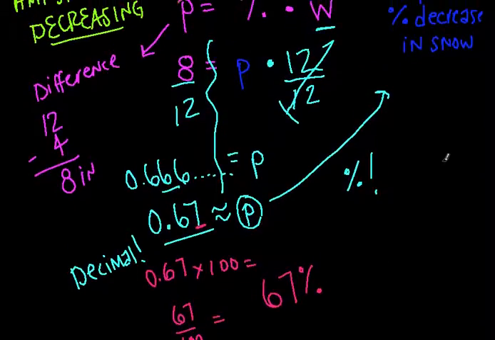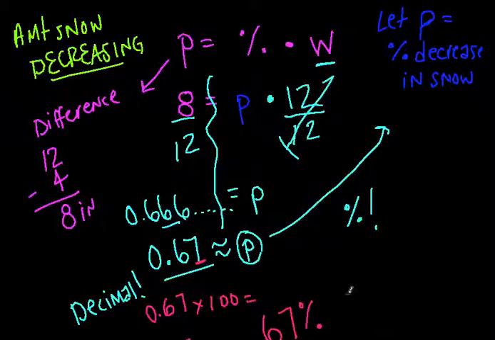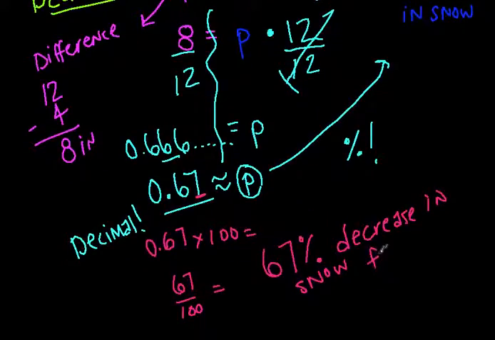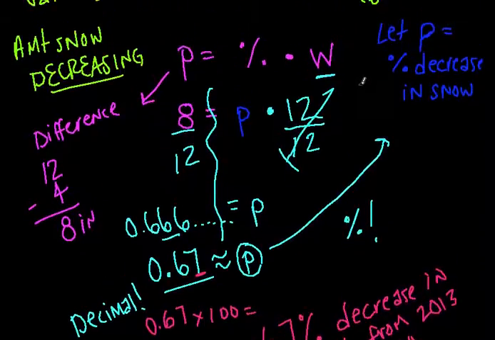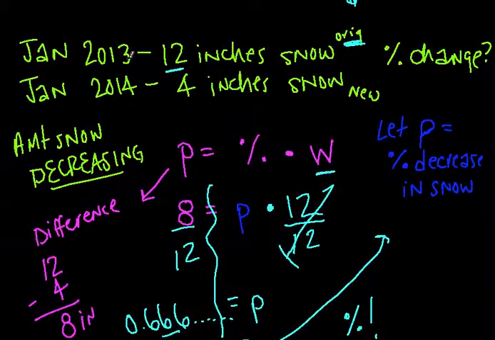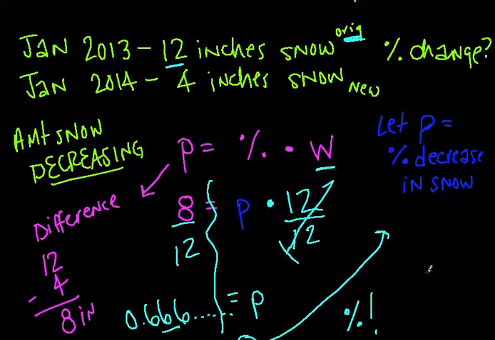And that, if we look back to our let statement, is the percent decrease in snow from 2013 to 2014. So the newscasters could say from January 2013 to January 2014, there is 67% less snow this year than in January 2013.